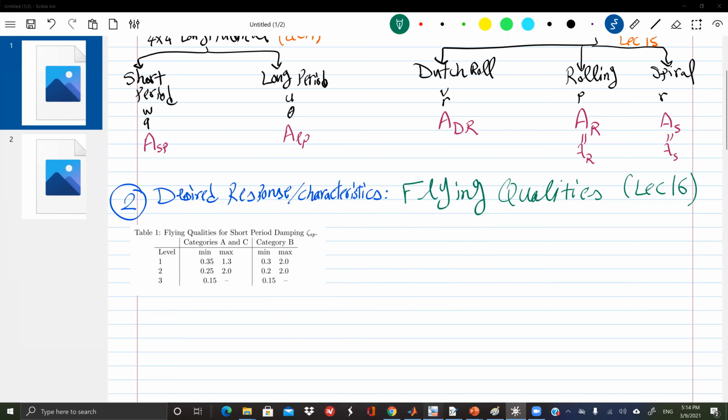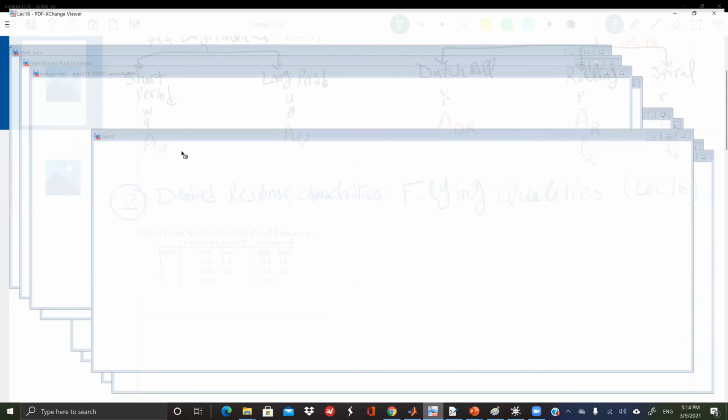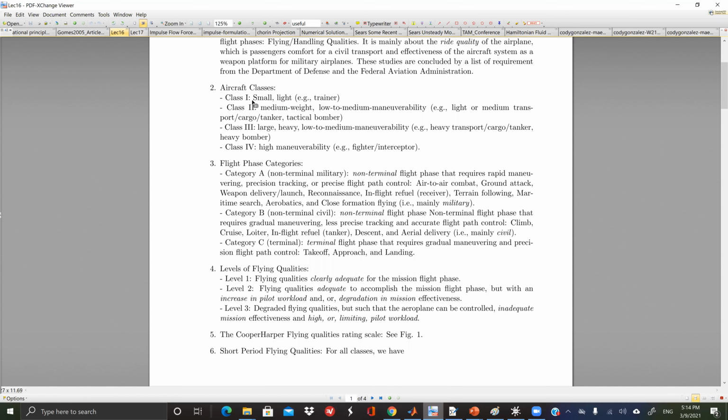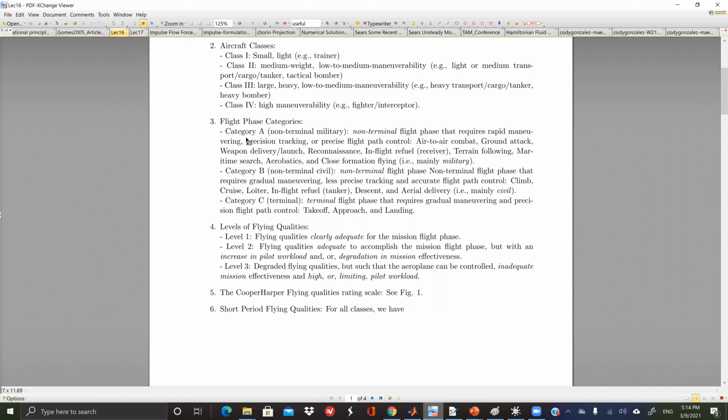As you recall from that lecture, airplanes are classified into 4 classes: small airplanes, medium weight, heavy, and the fighters and interceptors. And there are 3 flight phase categories. Category A is where we're not doing takeoff and landing, but something that needs precision and maneuverability: air-to-air combat, weapon delivery, and so on.